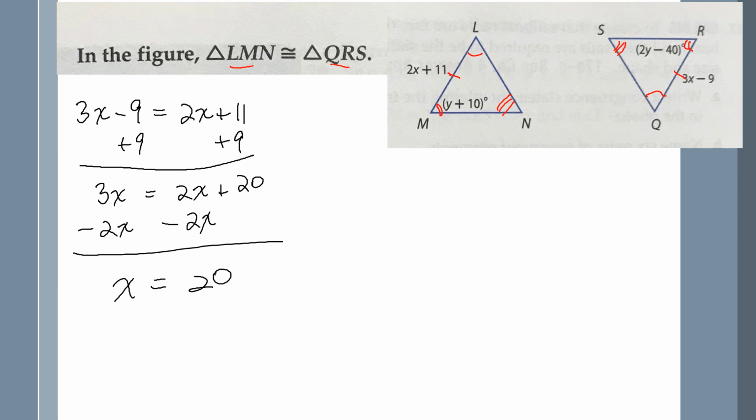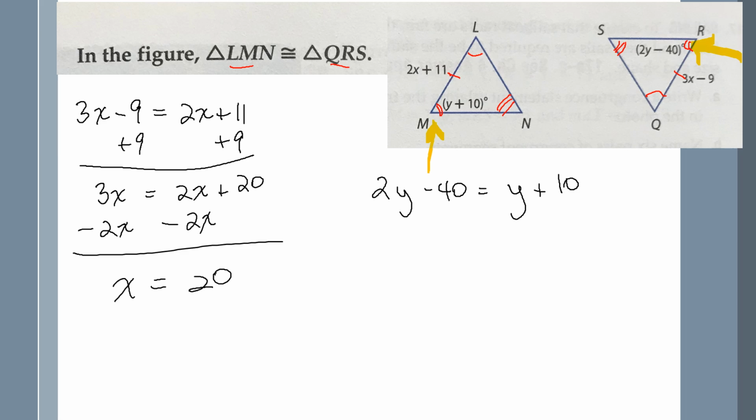Okay. Since both of these angles here are, so M has 2 tick marks and so does R, those two angles are congruent, right? So we're going to make those equal. So 2y minus 40 equals y plus 10.